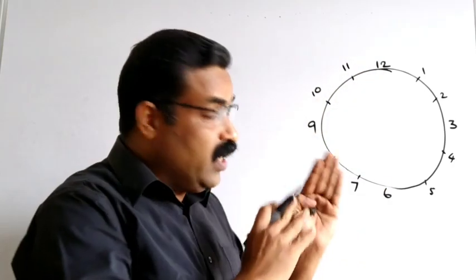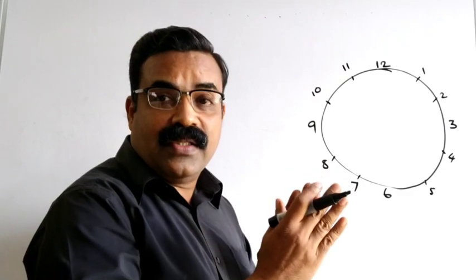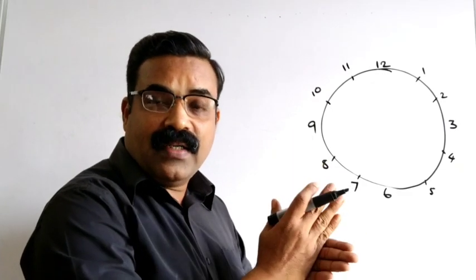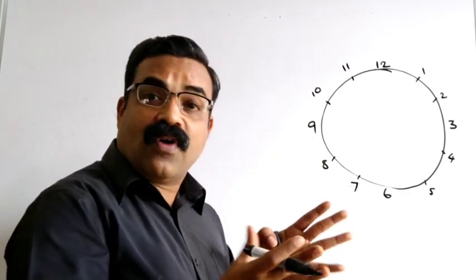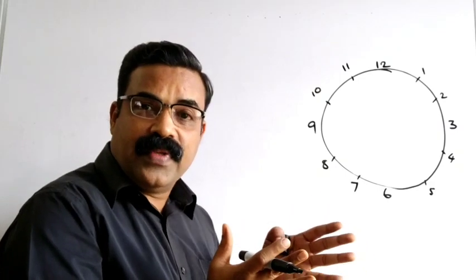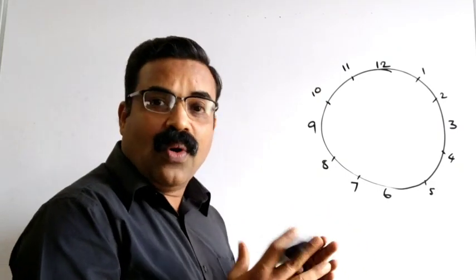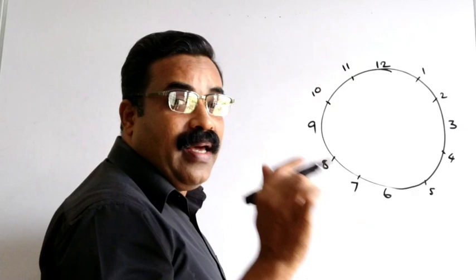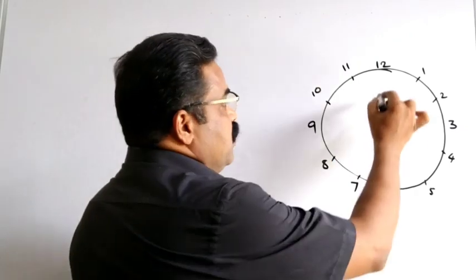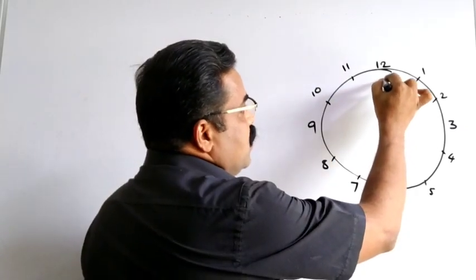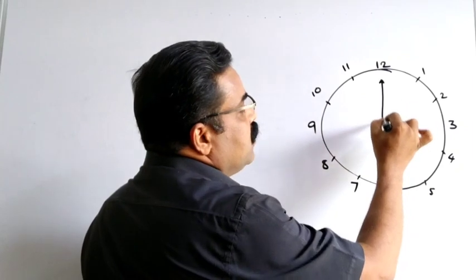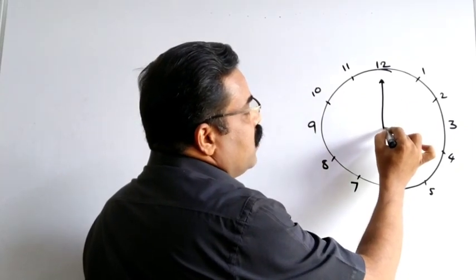Basically, there are 3 hands: seconds, minute and hour. But as far as our competitive exam questions are concerned, we will draw only 2 hands, the hour hand and minute hand. So let us take this as the minute hand and let us take this as the hour hand.